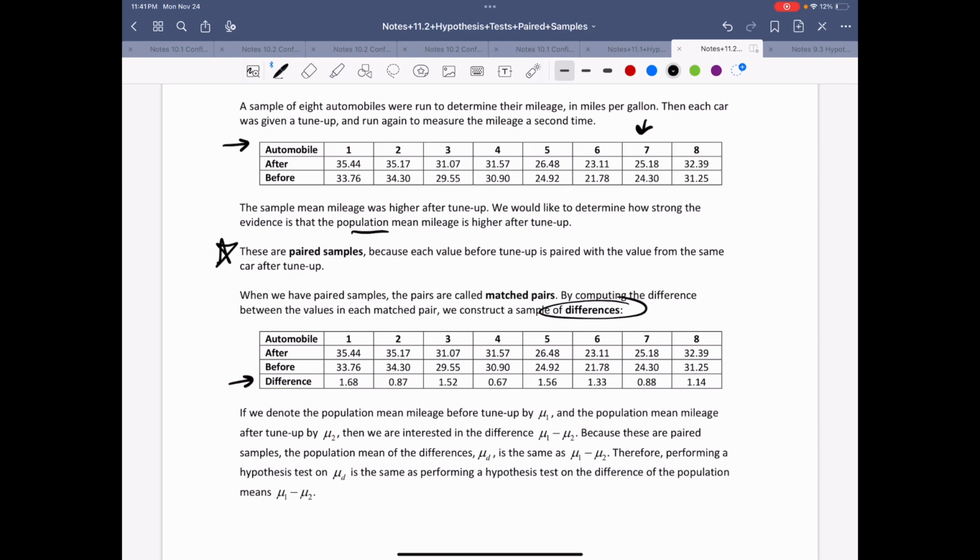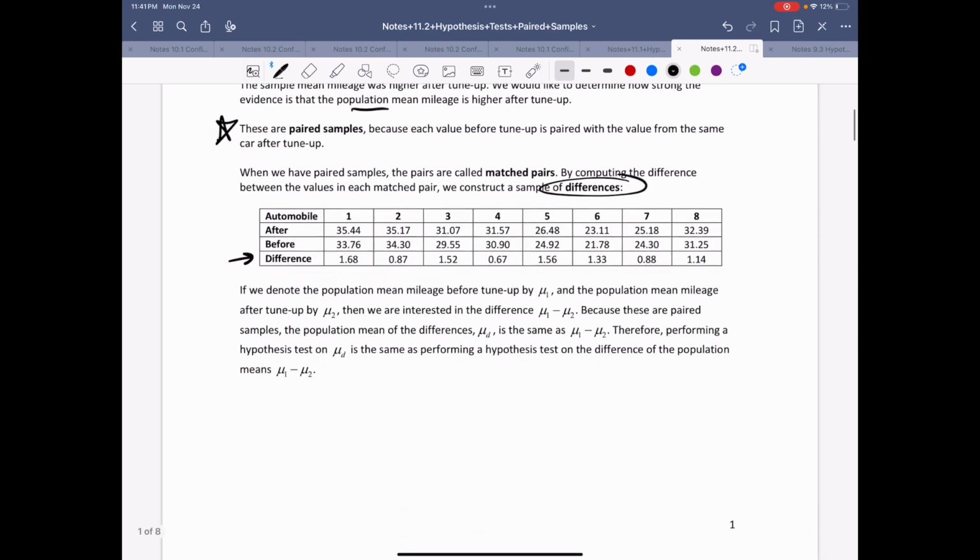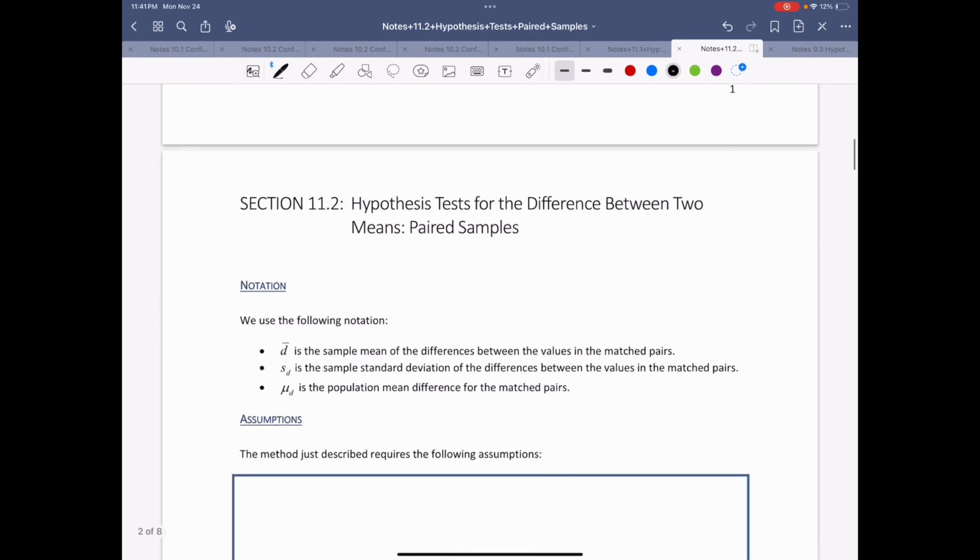Because these are paired samples, the population mean of the differences, mu of d, is the same as mu1 minus mu2. Therefore, performing a hypothesis test on mu of d is the same as performing a hypothesis test on the difference of the population means, like what we did in 11.1.